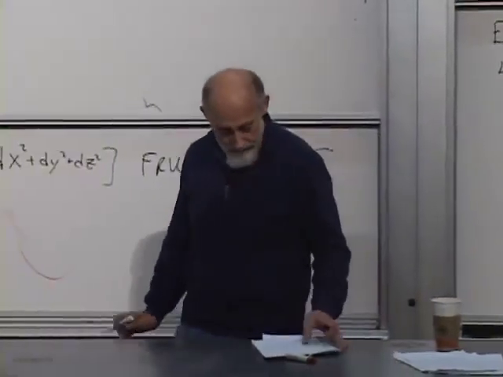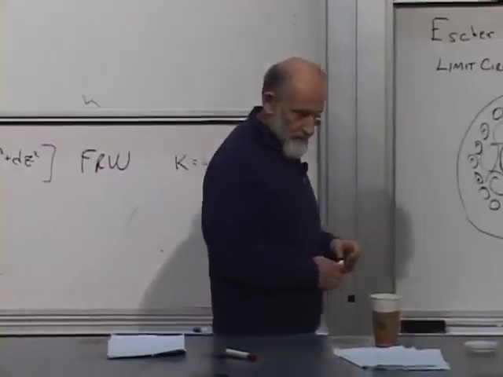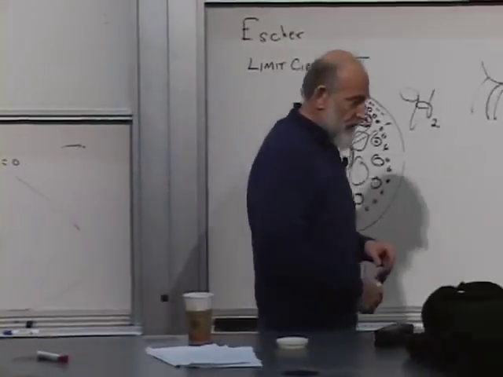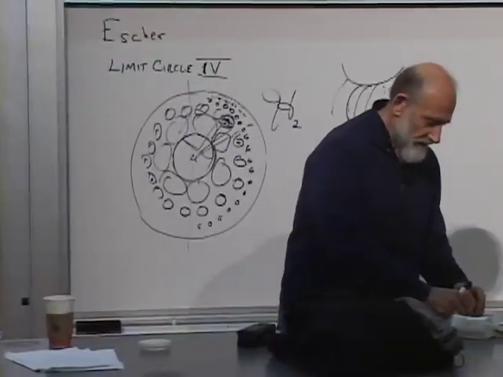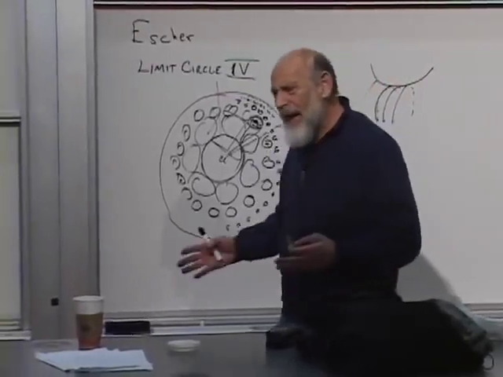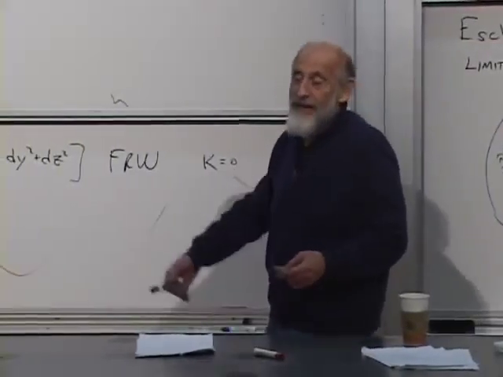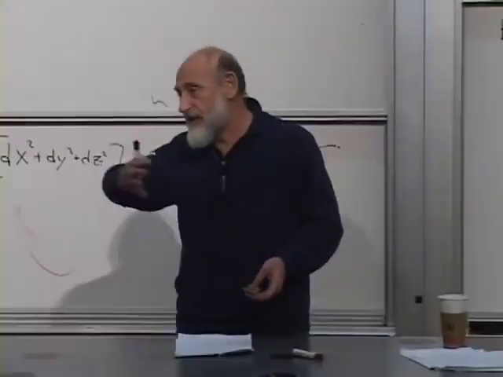Yeah, right. Looking at objects far away to determine the flatness? Yes. Well, it's really angles, because it's not easy to find out how fast light is moving out there.